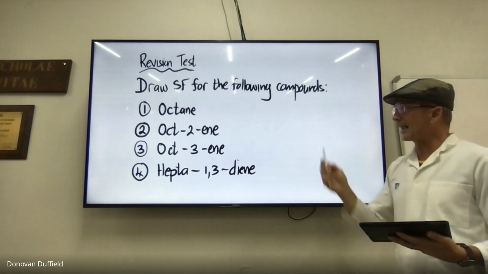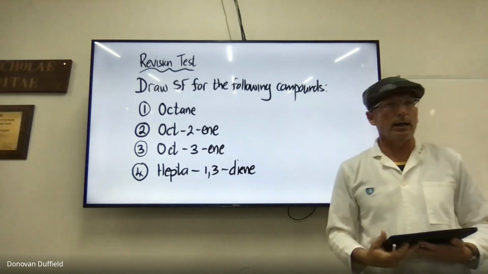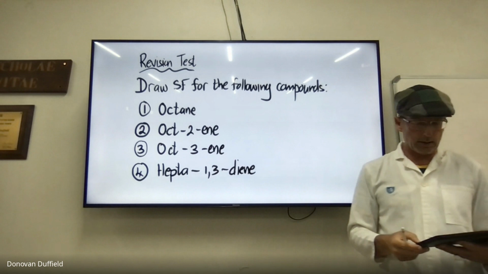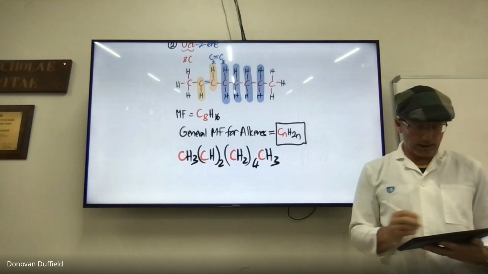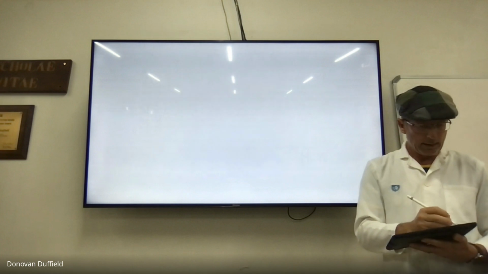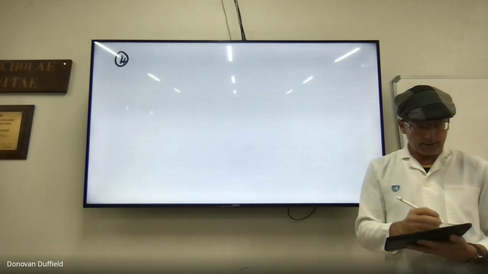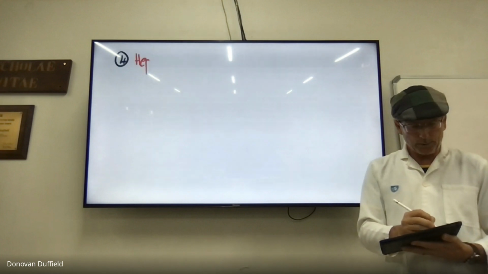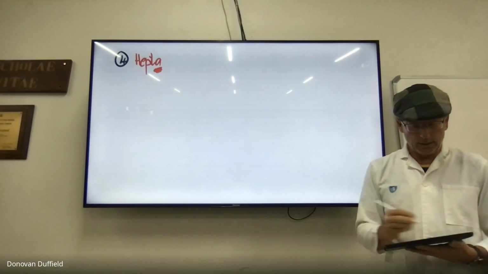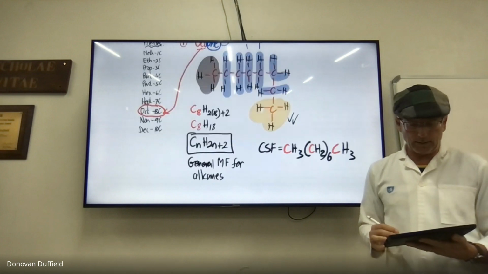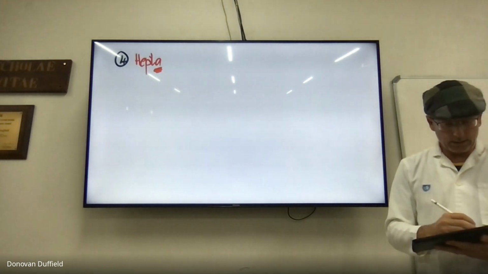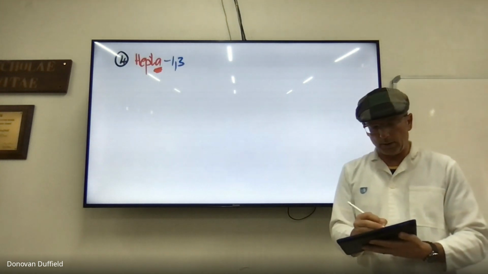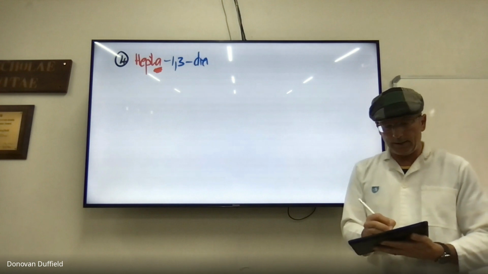Right, let's look at hepta-1,3-diene. If we look at number 4, hepta, and we said this is 1,3-diene.